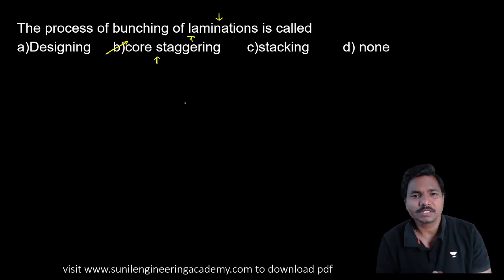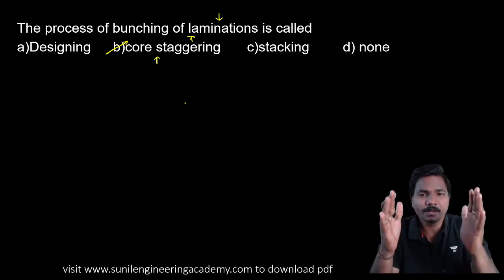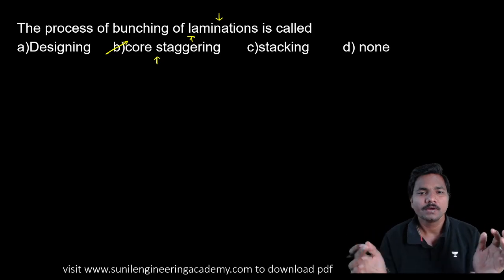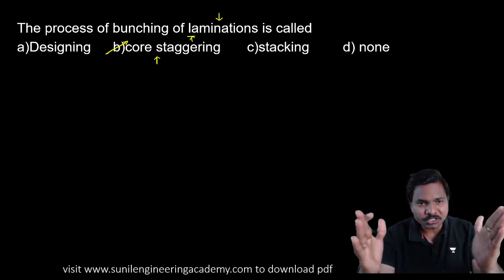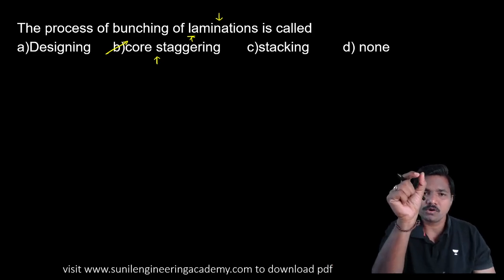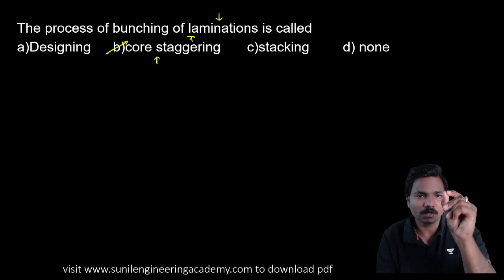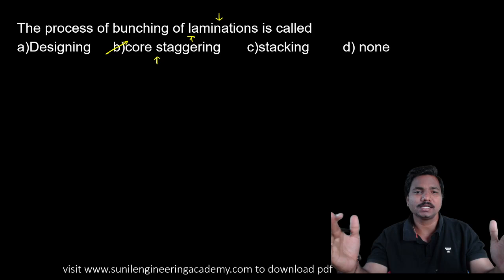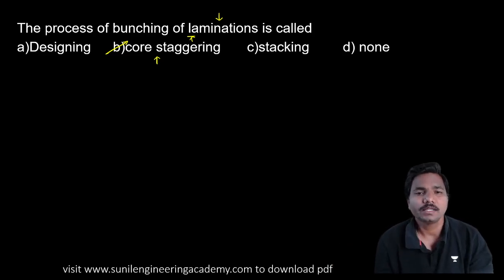Laminations are nothing but taking a very big core and dividing it into small cross-section area cores, and then bunching them all together. Why do we bunch them? If we have a single small core, there is a chance of damage and the mechanical strength is less. So to get very good mechanical strength, we bunch them together.